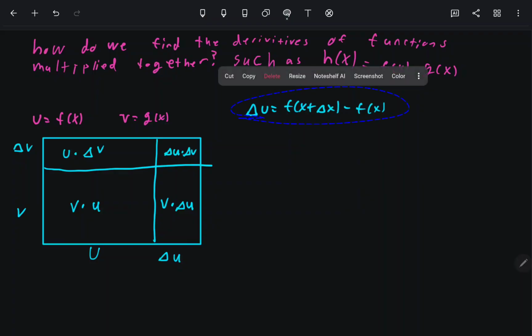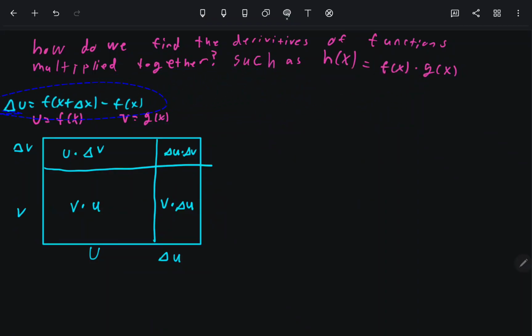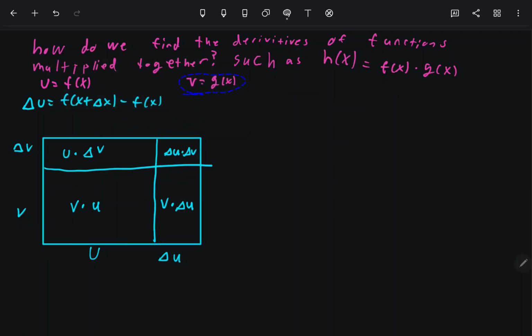I'm going to move this over to make it easier later. And the same goes for the change in v. If v is g of x, the change in v is g of x plus a change in x minus g of x.